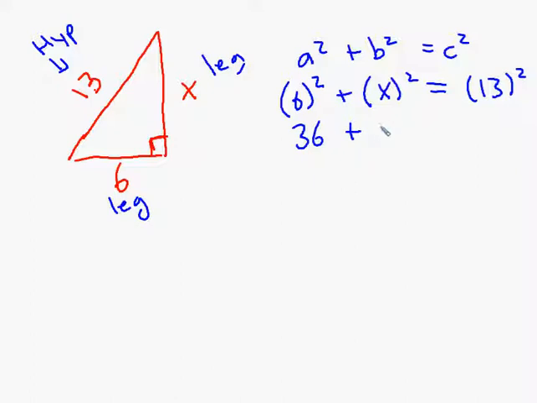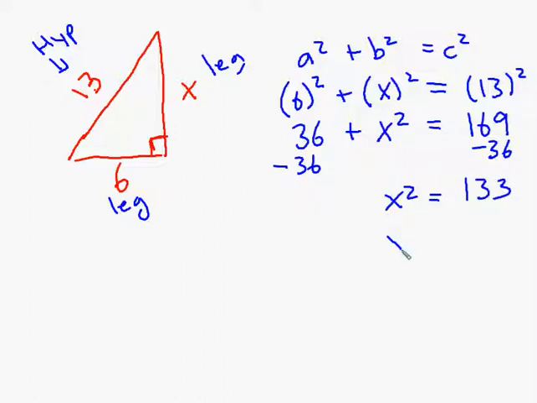So we get 36 plus x squared equals 169, and then we'll subtract the 36. We get x squared equals 133. And then we take the square root. 11.5. Okay, and that is approximately 11.5, is what Jacob is saying.